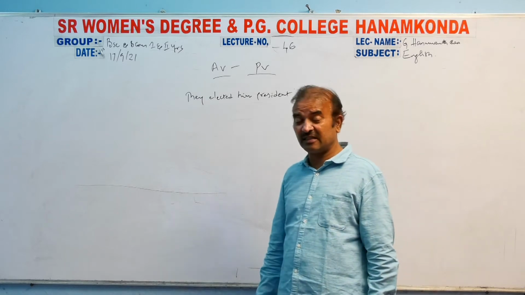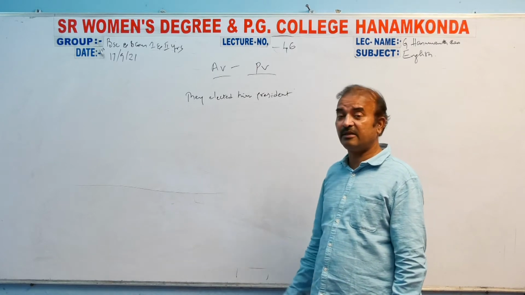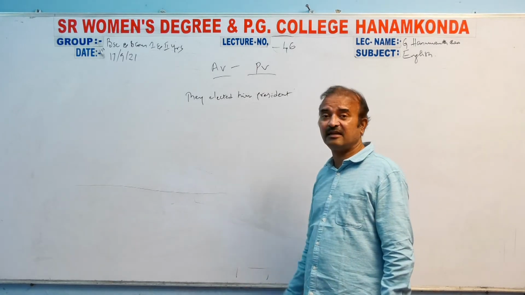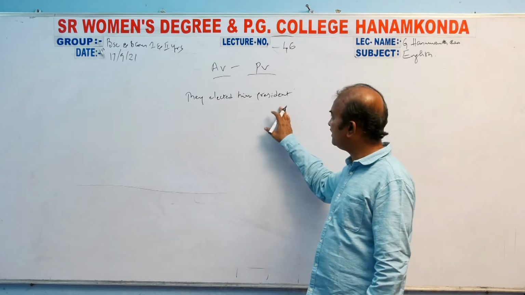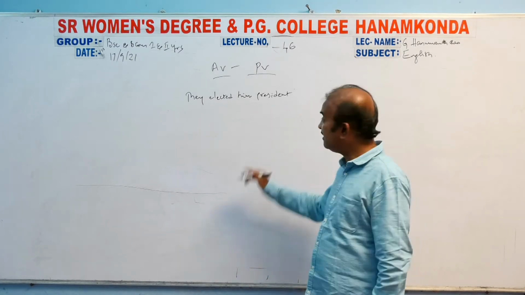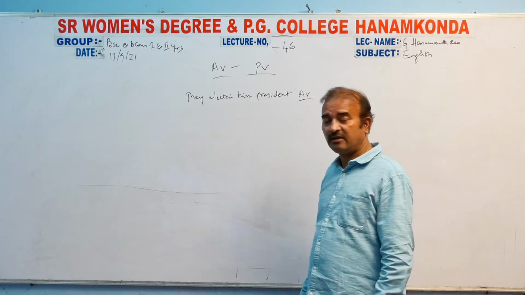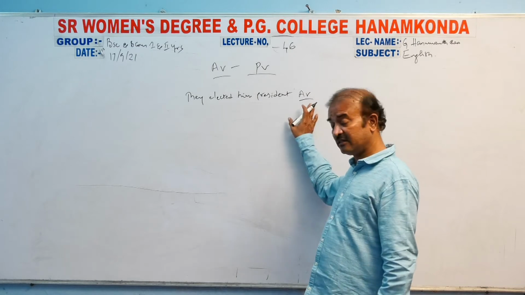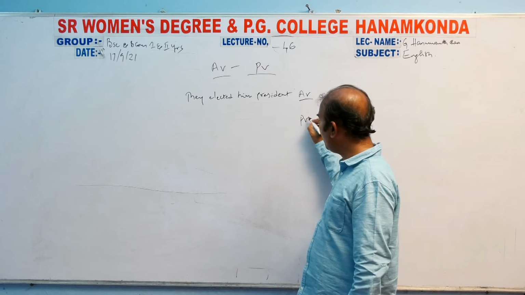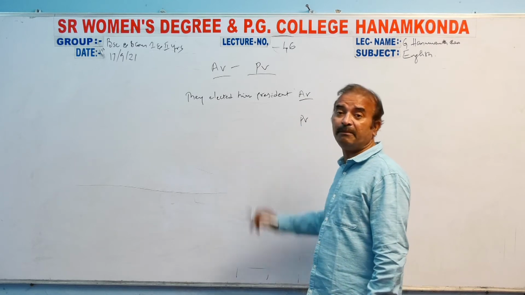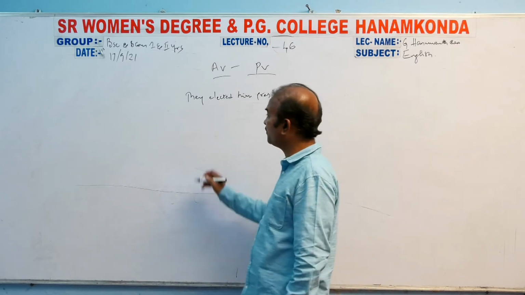We have to change the voice of the sentence. We have to try and see whether this sentence has any chance to undergo the change of voice. And after reading and understanding the sentence, I say that the sentence is in active voice. Right? Since this is an active voice, the next thing we are going to do is change the sentence into passive voice.